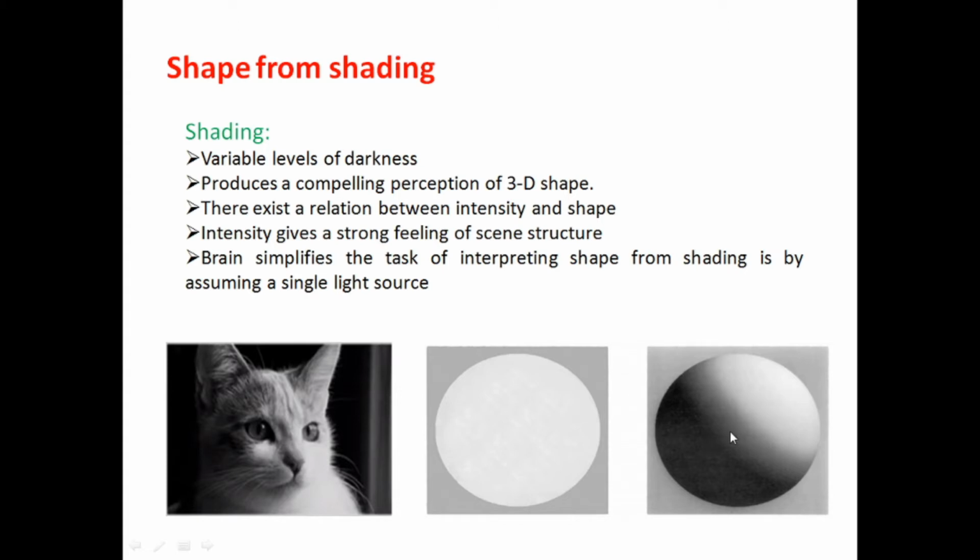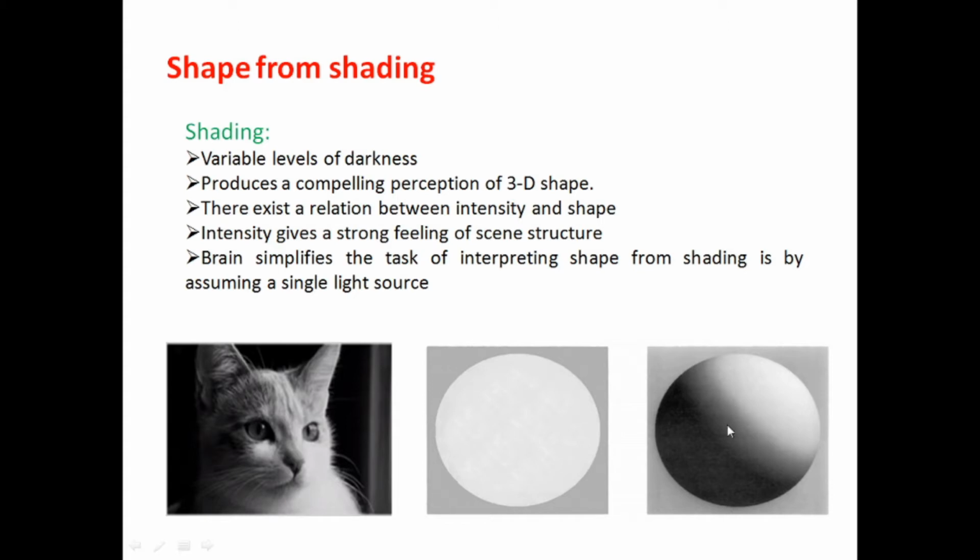So can I say this image, which has some object inside it, possesses variable levels of darkness? Then can I consider that the object present in the image is exhibiting various intensity levels? That means the intensity levels possessed by this object are not uniform.